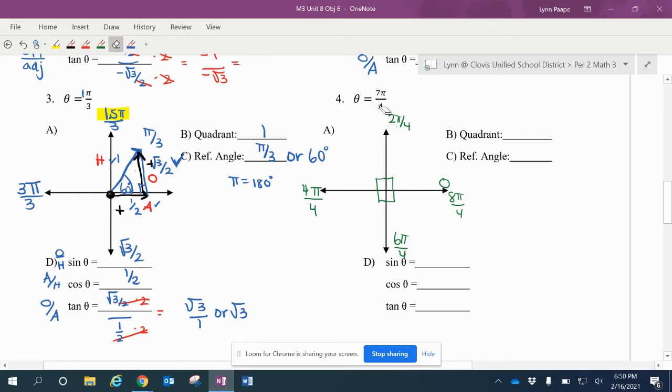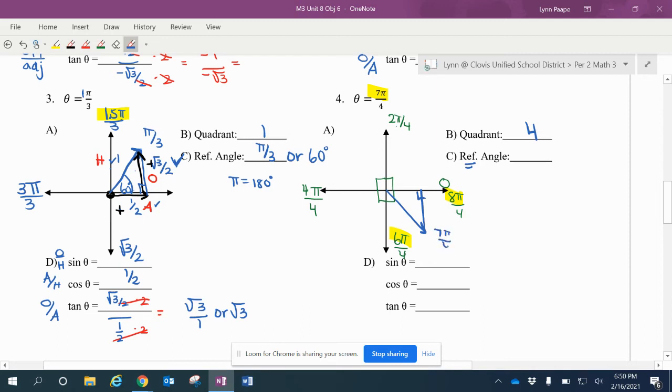So then once I get to there, I'm trying to figure out what is 7 pi in between. And it's in between 6 and 8. So that will put me somewhere in here. So that would be in quadrant 4. And so I want to draw my triangle always to the x-axis in order for me to find reference angle, always to the x-axis.